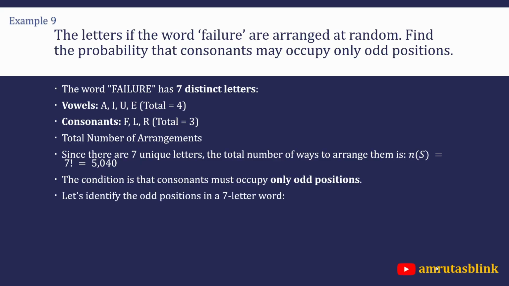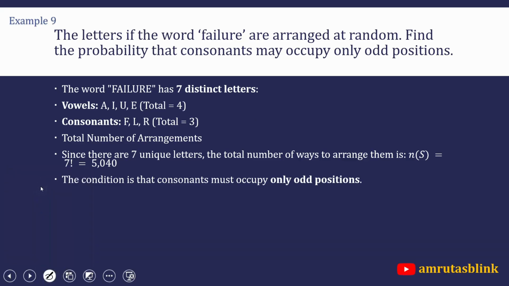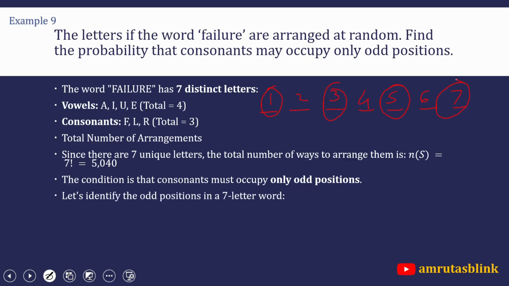So again we will create the structure. How many places are there? First position, second position, third, fourth, fifth, sixth and seventh. Now out of these 7, how many odd positions are there? The first, third, fifth and seventh. There are 4 odd positions.